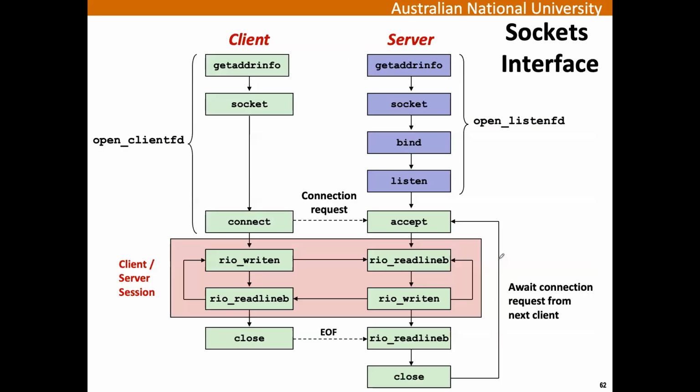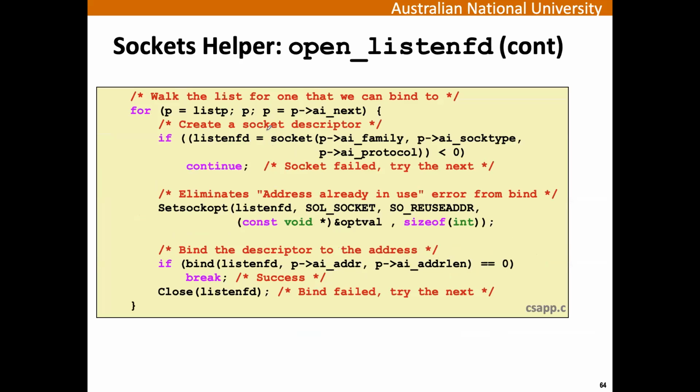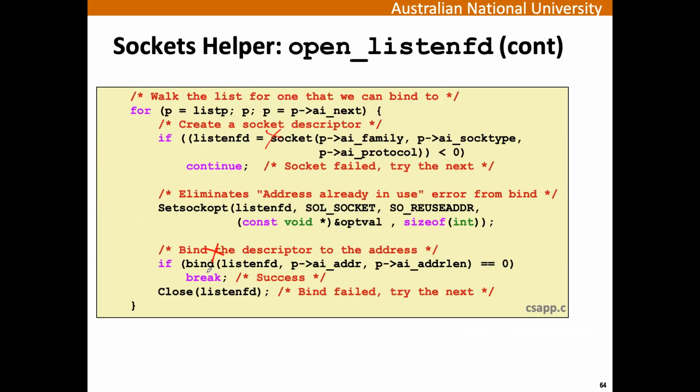So similarly, on the server side, there's open_listenfd. You don't have to create a socket yourself. You don't have to call bind yourself. You can just get a listening socket from open_listenfd.